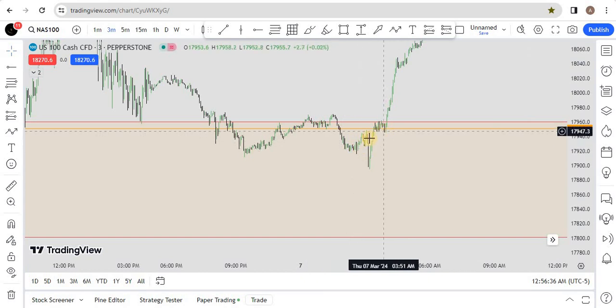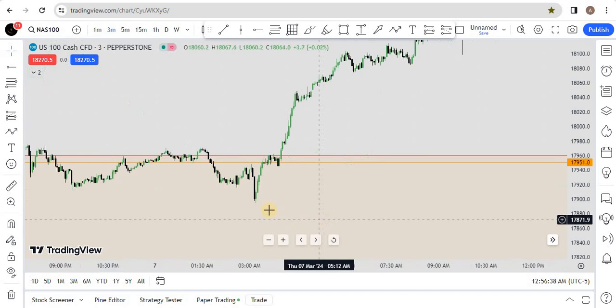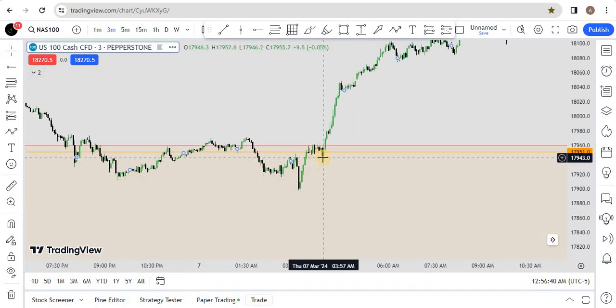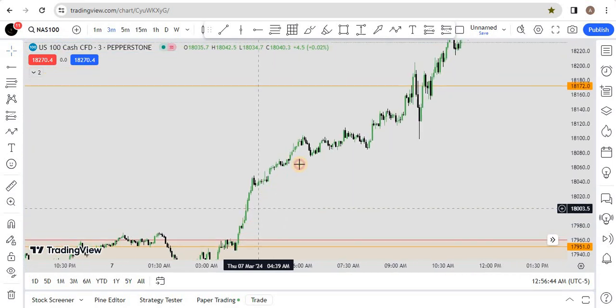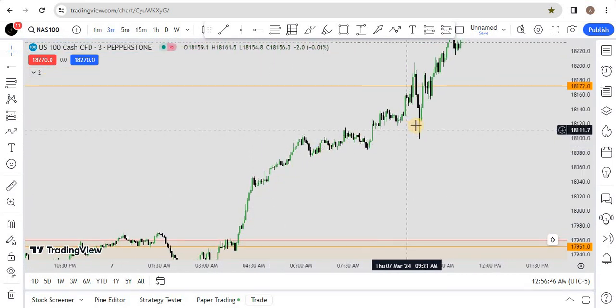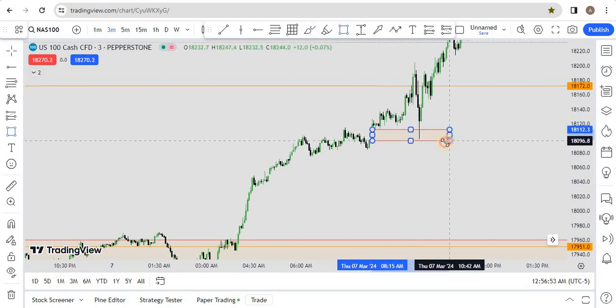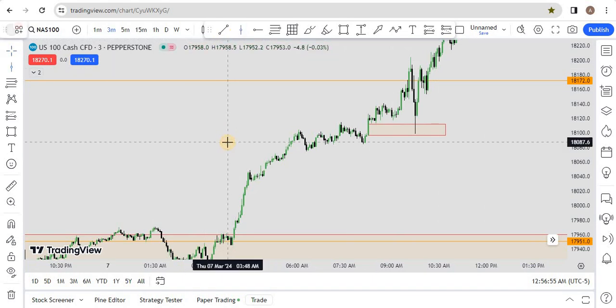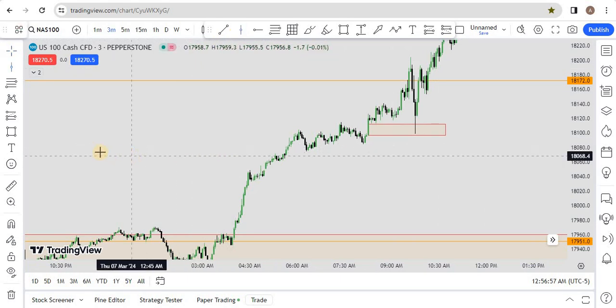In the London session, almost next day, the price came, we have fair value gap, price touched, and went. We have then our 9:45, we have fair value gap, kill zone hours. Let me mark out our 11, 12.